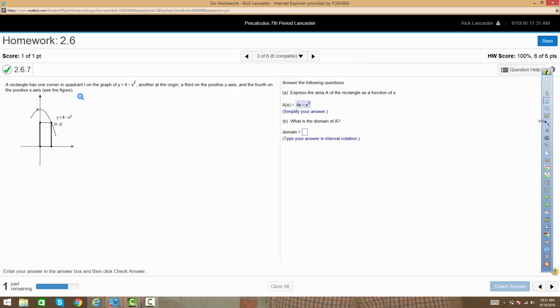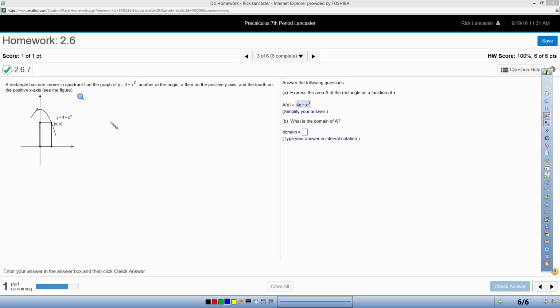So now it's going to ask me, what is the domain of the area? The area function, really I would have called it A of x. So the domain of A. Okay, so in words, domain is all the numbers x is allowed to be. So if we were just looking at this from a mathematical standpoint, f of x equals 4x minus x cubed, there's no possibility of division by 0, there's no variables under a square root, and there's no log containing a variable.